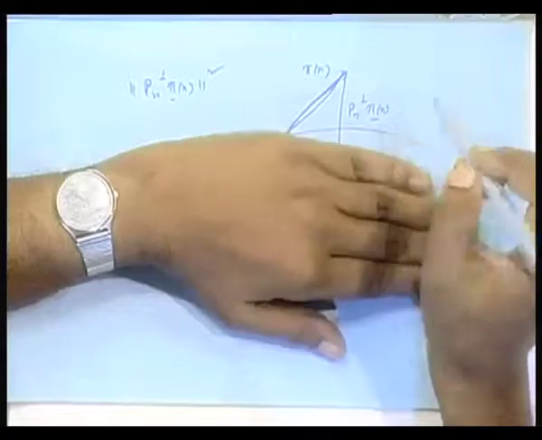It is a quantity like the norm square of Pn perpendicular pi n divided by the norm square of pi n, which can always be written as some kind of sine square theta. If you take the norm of Pn perpendicular pi n divided by the norm of pi n, that can always be written as some kind of sine theta.